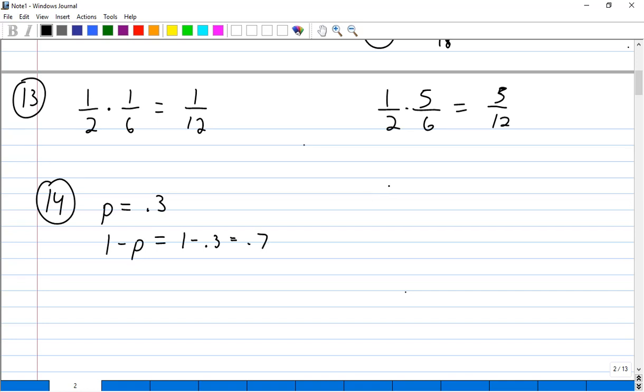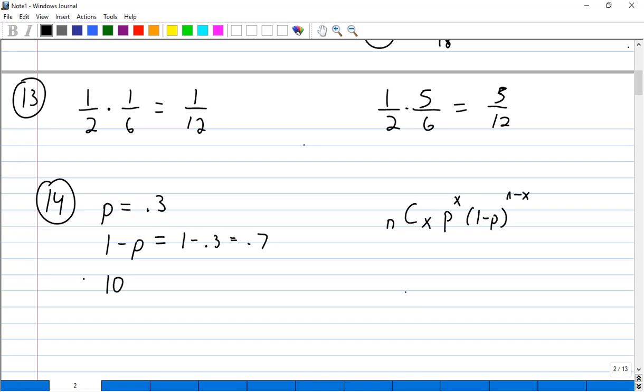Now my formula, this is a binomial probability distribution. So remember the formula? It was nCx times P to the x times 1 minus P to the n minus x. All right, so we had a sample of 10.